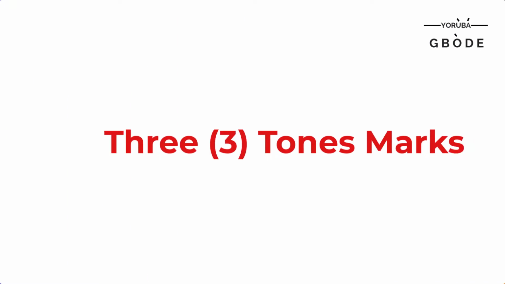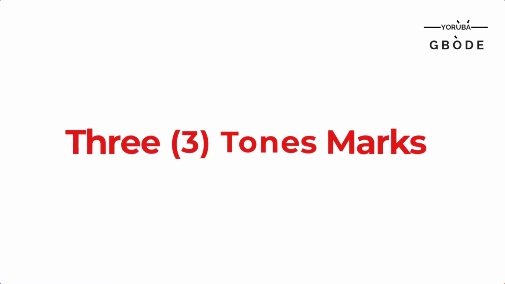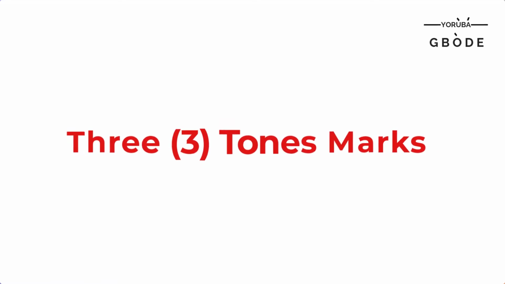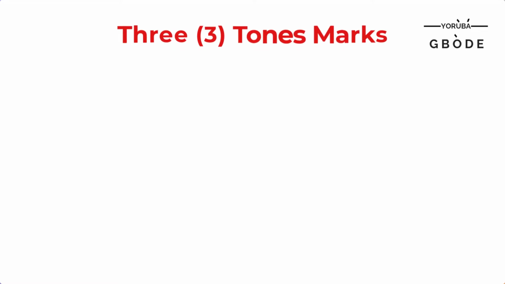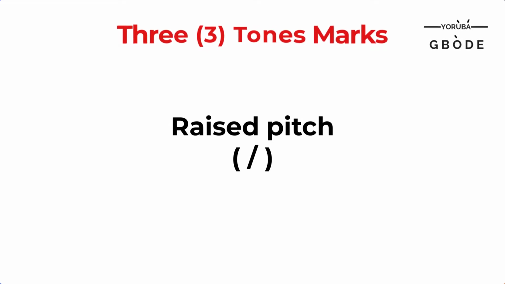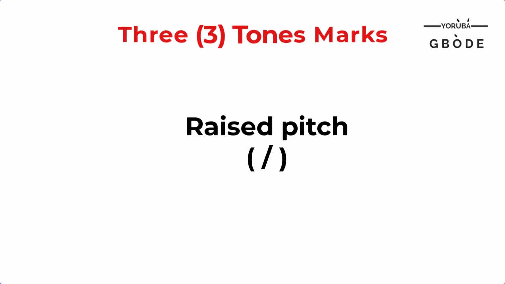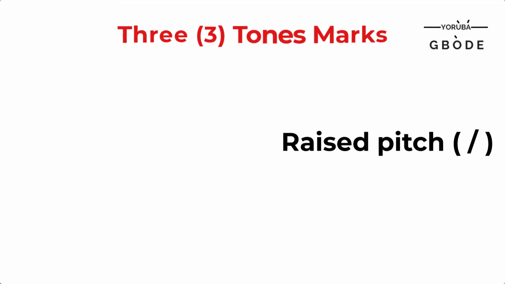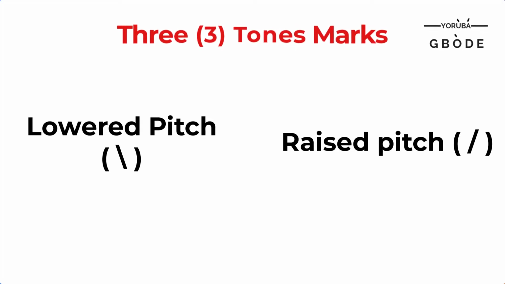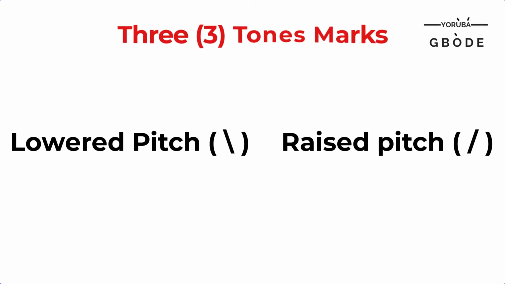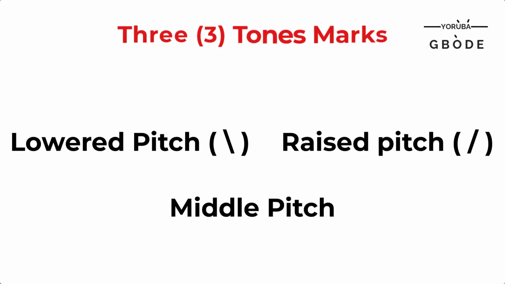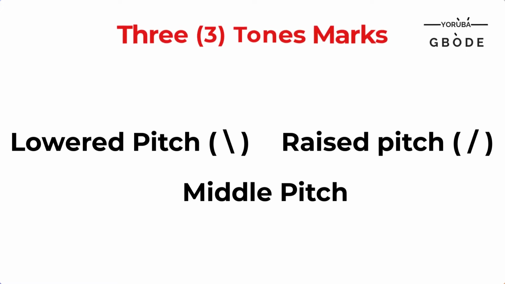That is why in Yoruba language we have three different tone marks that we use. We can raise our voice up. When your voice is up, your tone will be up. When your voice is down, your tone will come down. And when your voice is in the middle, you just leave it like that. And that is why we have do.